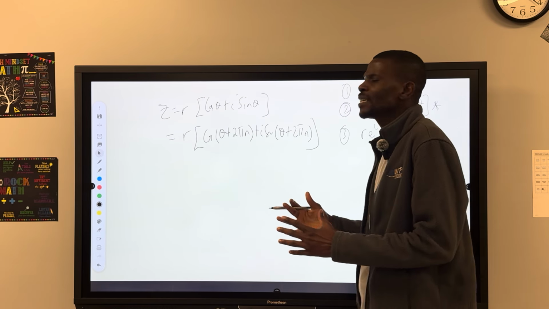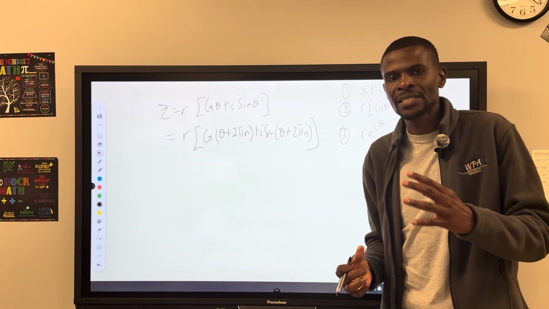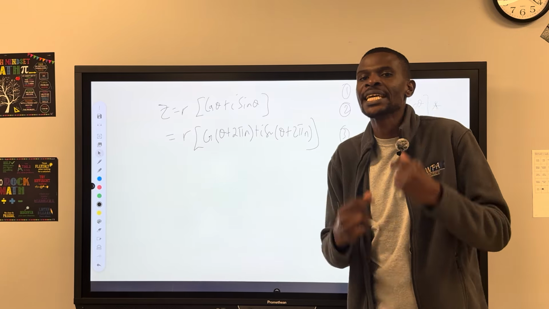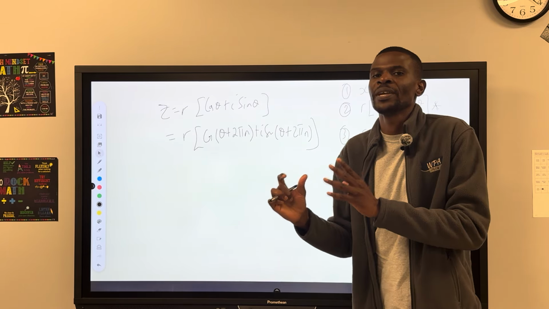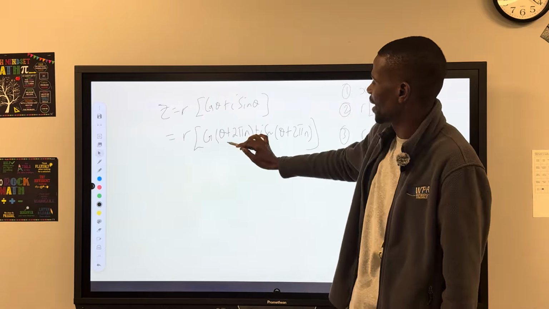Adding or subtracting multiples of 360 degrees to our angle theta is not going to change the position of that complex number. So you can express it like this or like that.